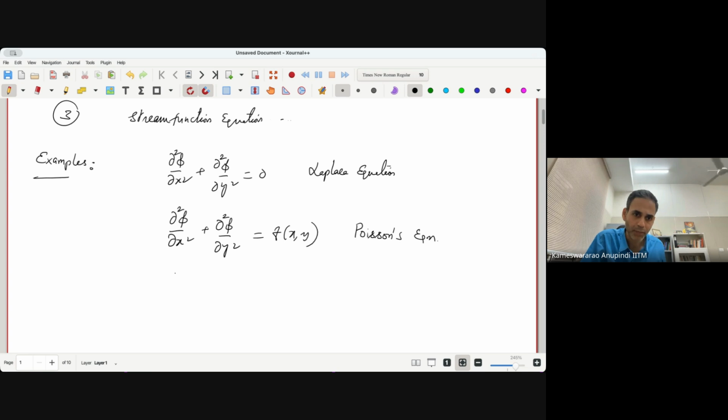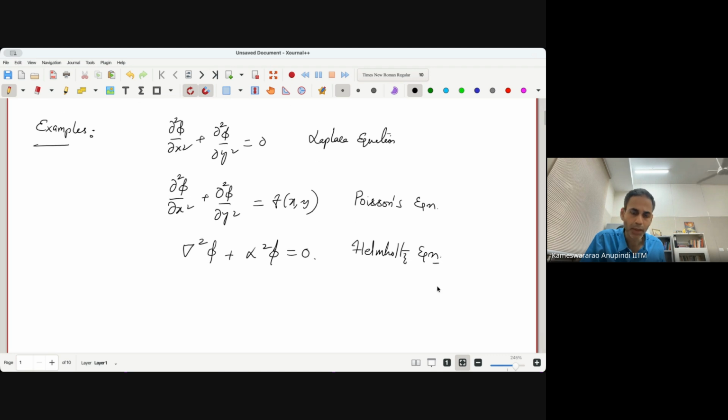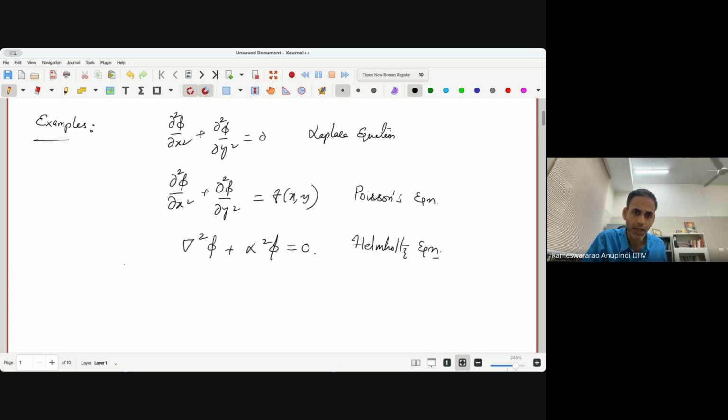And you also have the Helmholtz equation, which is, denoting nabla square phi, nabla square phi plus alpha square phi equals 0.